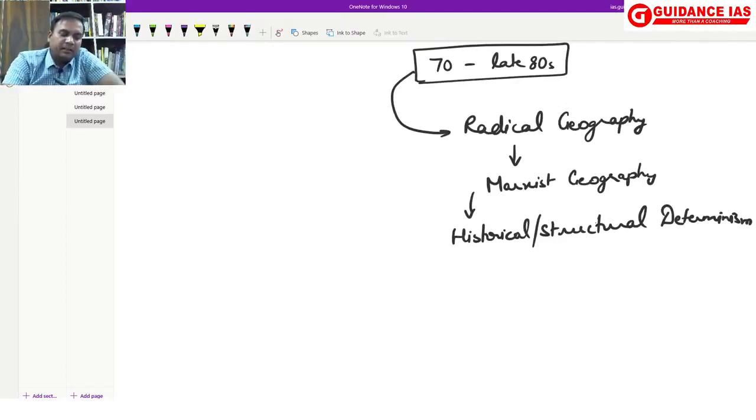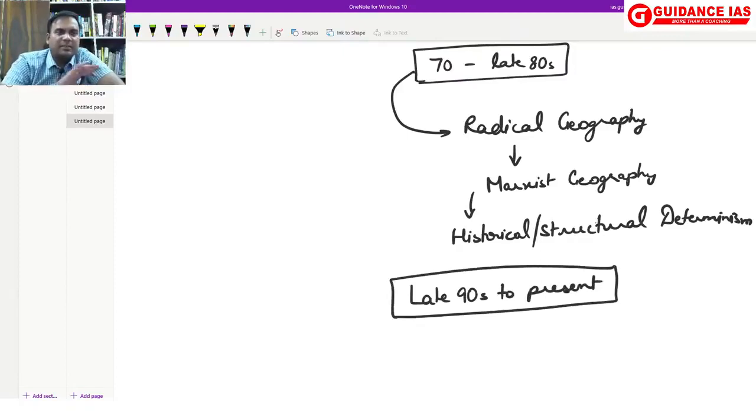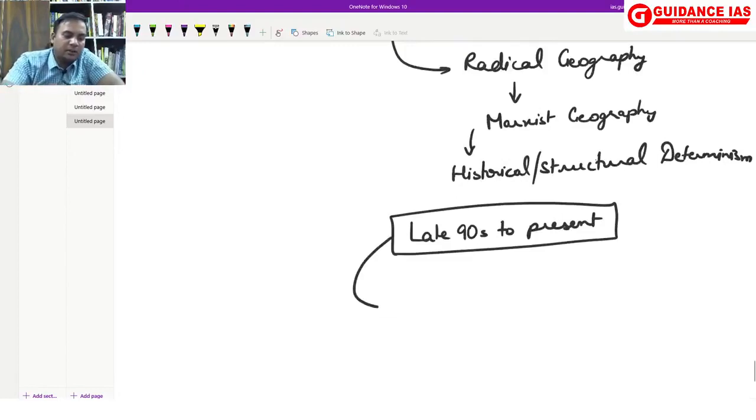There is a break, but more or less we can say that since the late 90s to present there was a crisis period. No paradigms were there during that period, so we are not taking that into account.